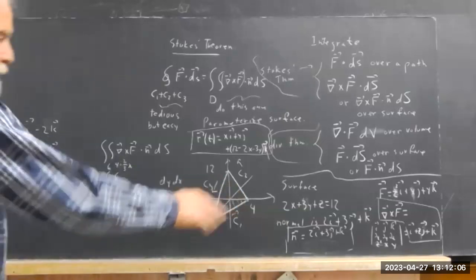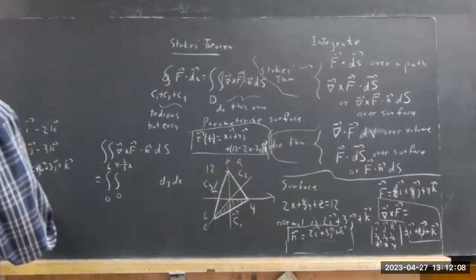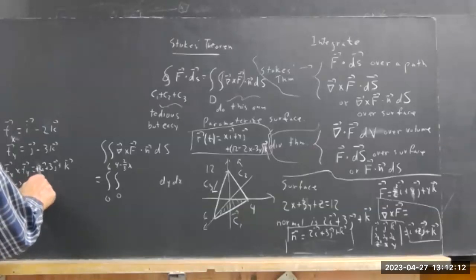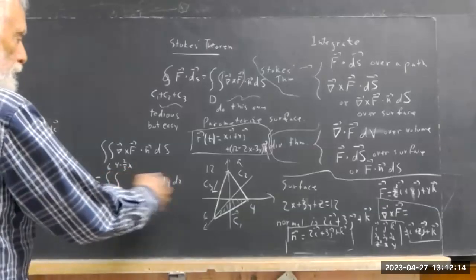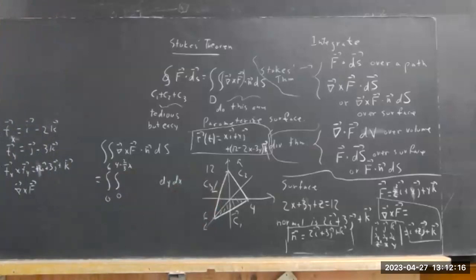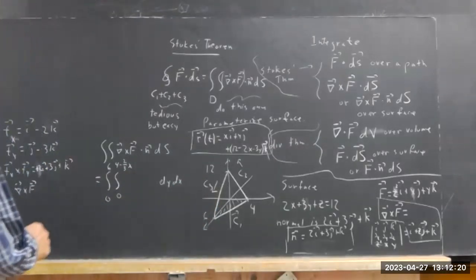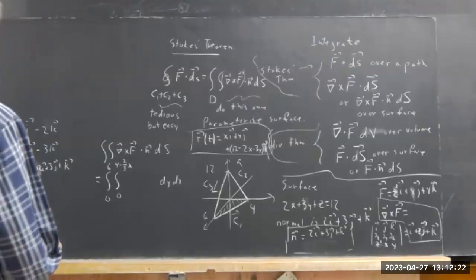Just to reiterate, there's our del cross F. I'll write it down here again, and then I'm going to find a way to give myself more room to get it all written in there. Del cross F is i plus 2j plus i plus cj.